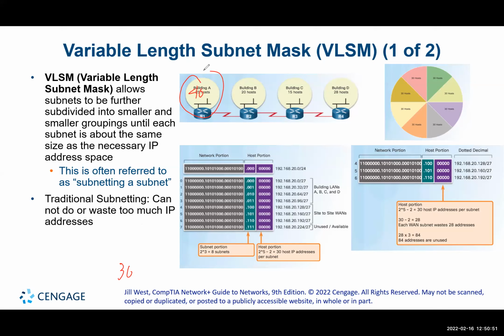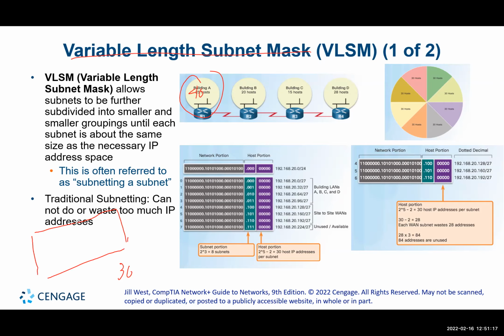Okay, that is a huge problem with the fixed length subnet mask here. So that's why they came up with the idea of the variable length subnet mask. Variable length subnet mask means you cut it but not equally. So think about this one. I have a pie here. I want to break it down into 4 pieces, but I don't want to break it equally.